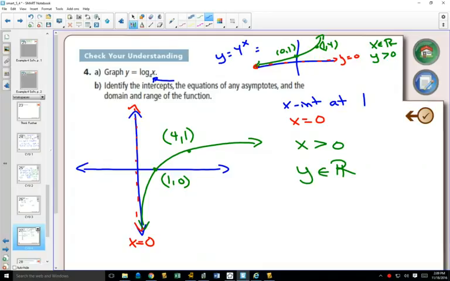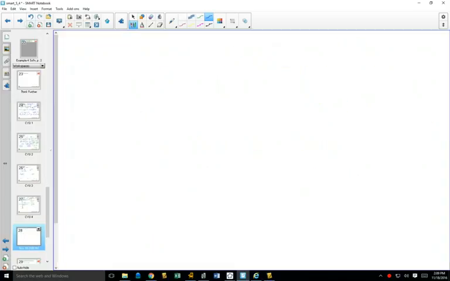We're going to do one more example at the bottom of 378. And that is we're going to graph the natural log of x.